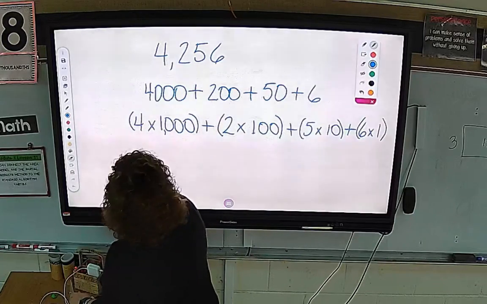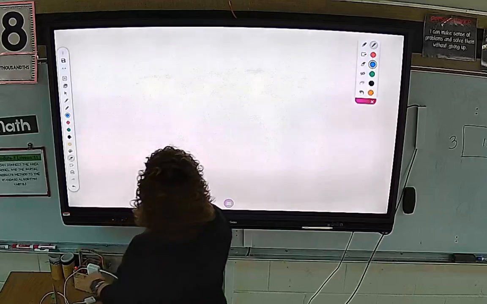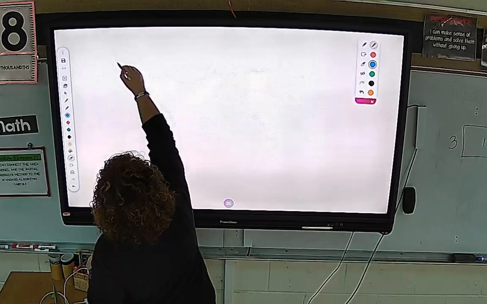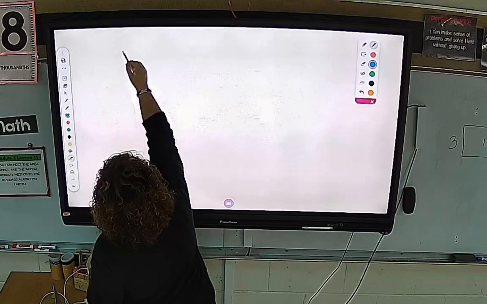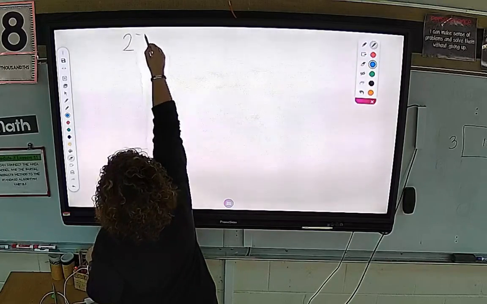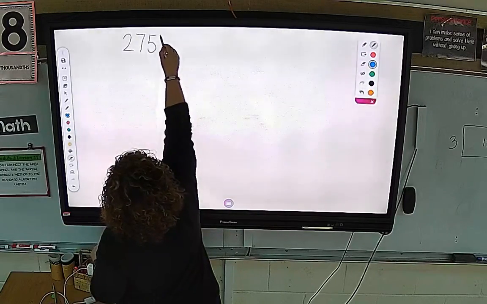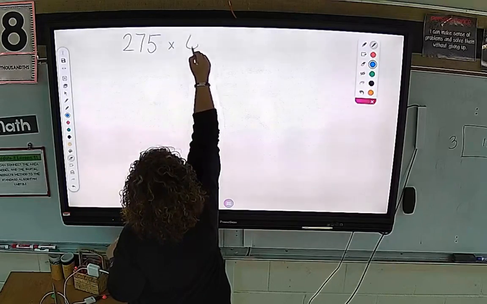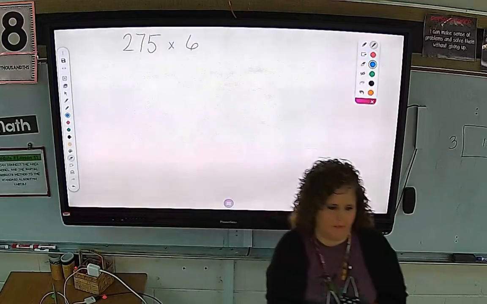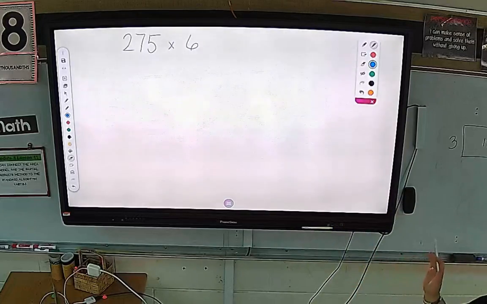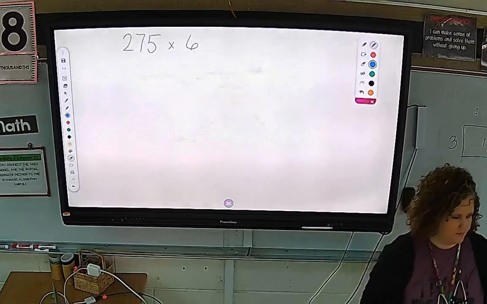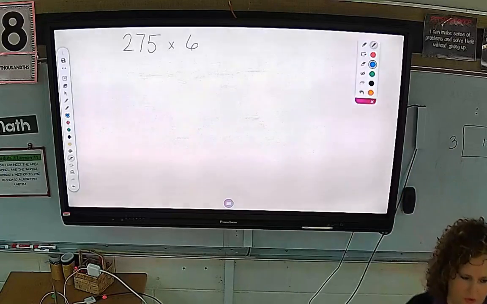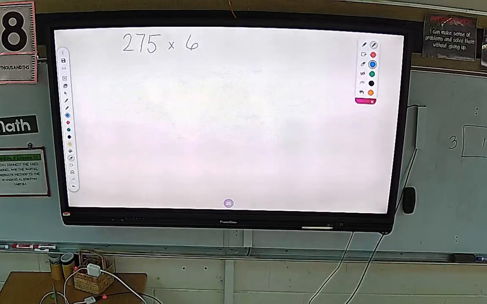Okay, so let's don't write this just yet. Okay, we're going to work with that problem right there. And we're going to show it in 3 different ways. Okay, we're going to show it with the area model. We're going to show it with partial product. And we're going to show it with standard algorithm.